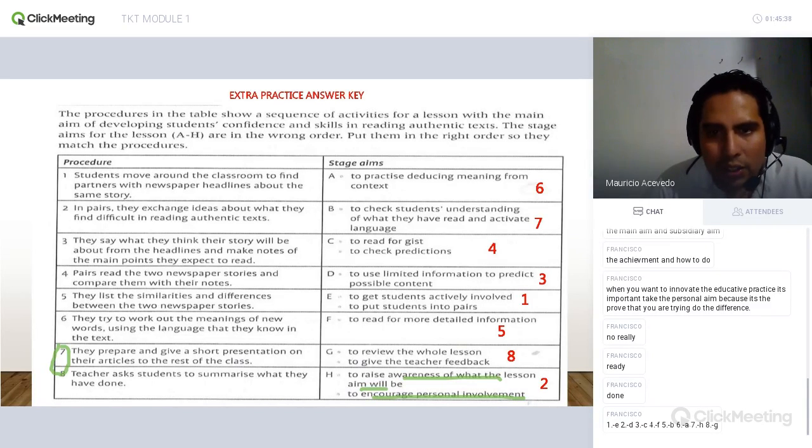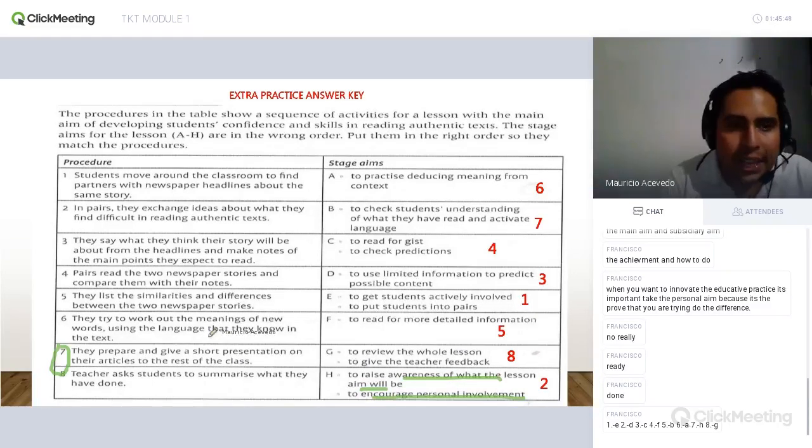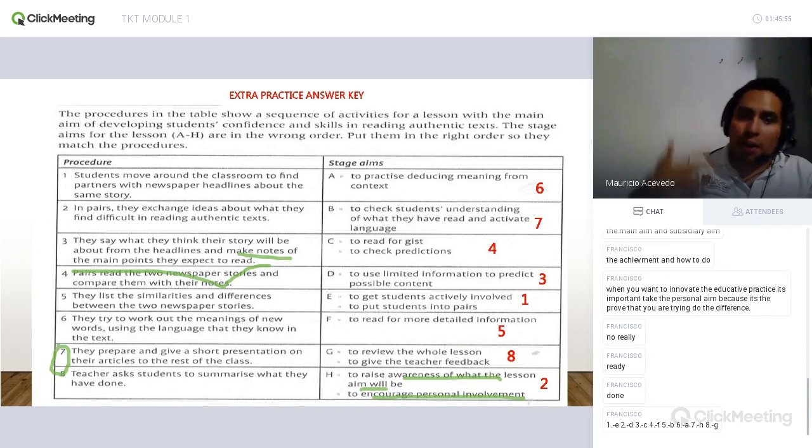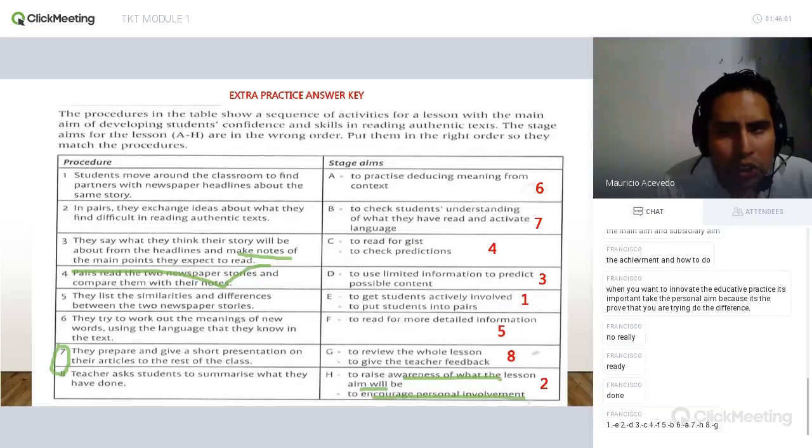Number three is letter C. So sorry, Francisco. In this case, it is to read for gist and to check predictions. Okay, what are the predictions? Here it says, make notes of the main points they expect to read. So they make a prediction about what they might be asked. No, sorry, yeah, number three is to check the possible content.